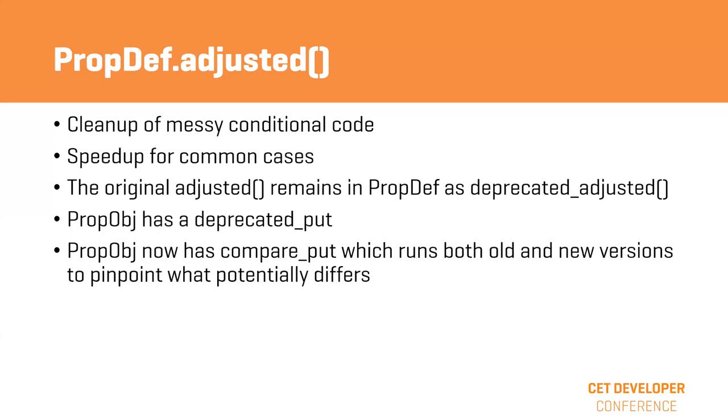However, we do keep the original adjusted in but it's called deprecated adjusted now. We also have a deprecated put, and we have a compare put, which runs both the old and new version, so you can pinpoint what potentially differs. We have tested this quite a lot, and it seems like everything is working correctly, but you never know. So if you notice any issues with this, please try to do the compare put and see what differs for you.